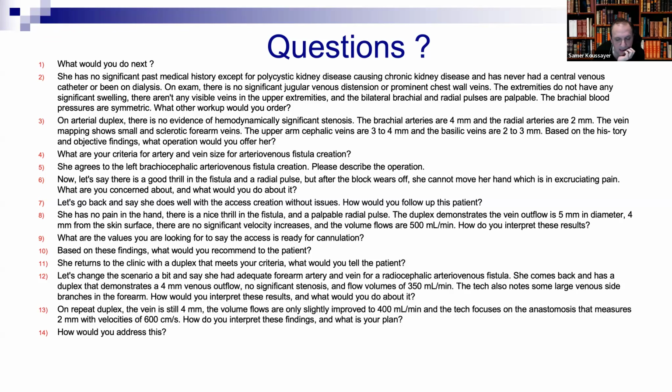Is there any other way to do it? If you do that and still you don't see the anastomosis, what other options? You can put the catheter, right? You can advance the catheter all the way to the artery and then inject through the catheter. Some people go through the brachial artery, but I don't recommend that.